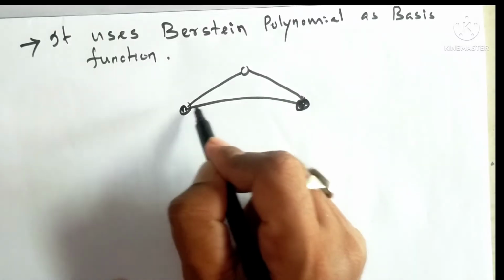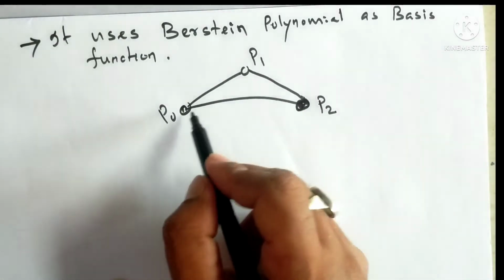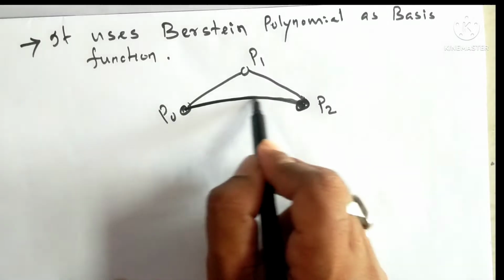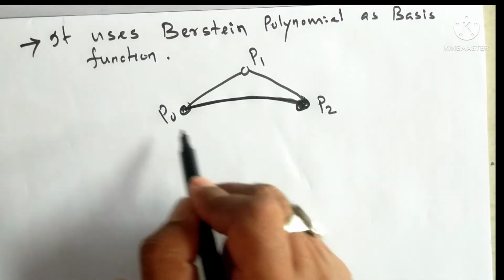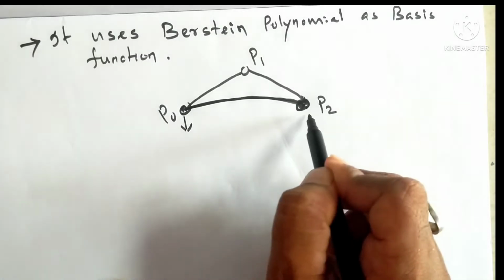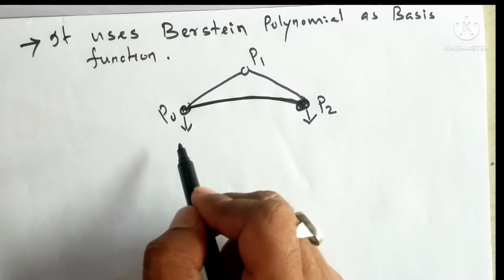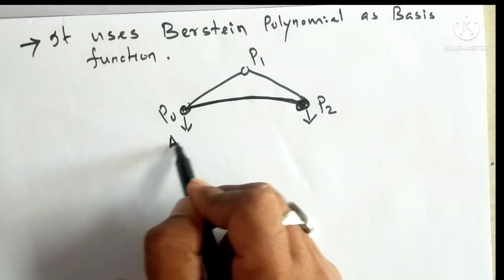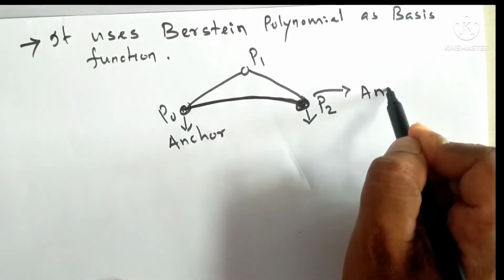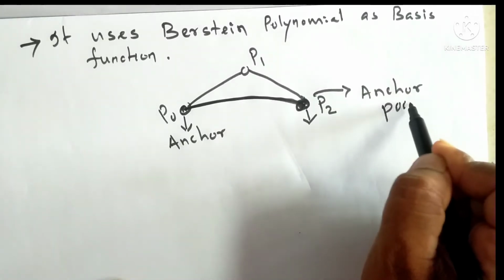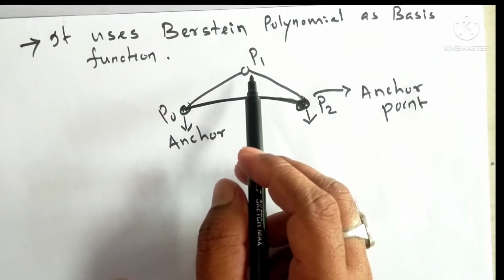Here the Bezier curve passes through two points, called P0 and P2. Those control points through which the Bezier curve passes are called anchor points. So this is an anchor and this is another anchor point. And P1 will be called the handler.